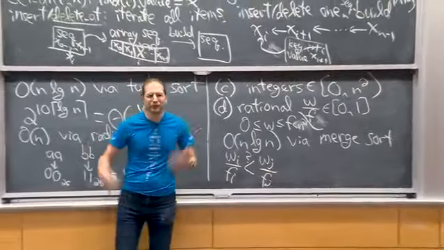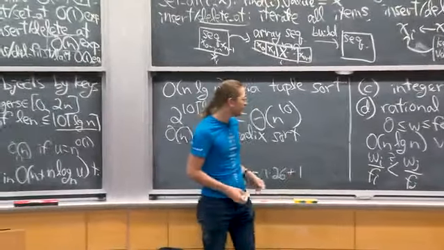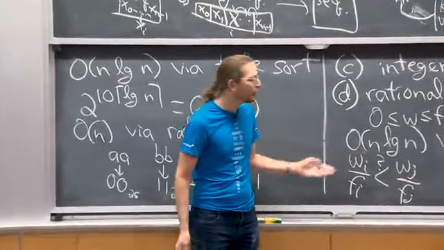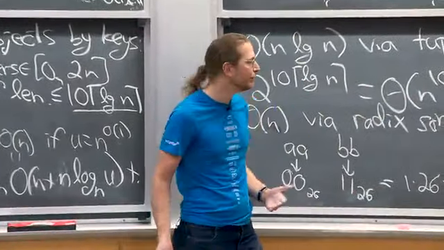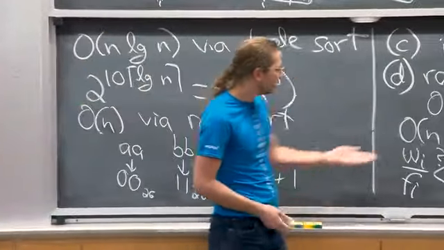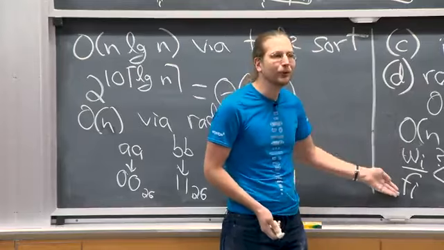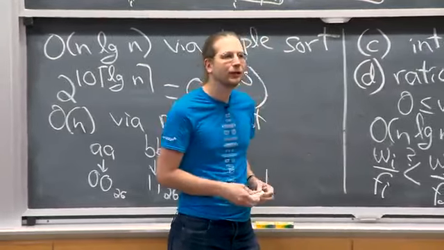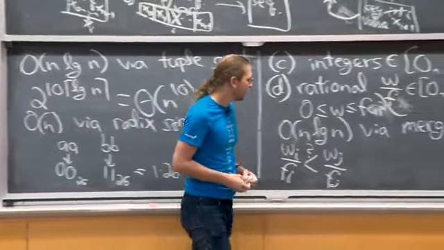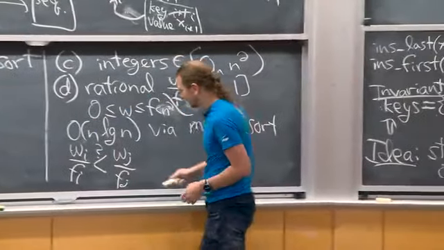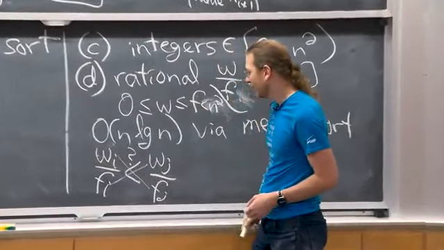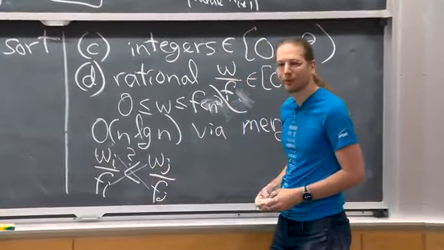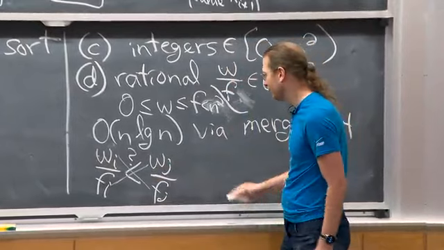My computer only deals with integers. We can't actually represent wi over fi explicitly in binary because it has infinitely many bits. But I can represent it implicitly by storing wi and fi. Multiply by fi and fj. Yeah, as when I didn't go to school, but then we learned cross multiplication. Which is the same as multiplying both sides by fi and multiplying both sides by fj, as you said.